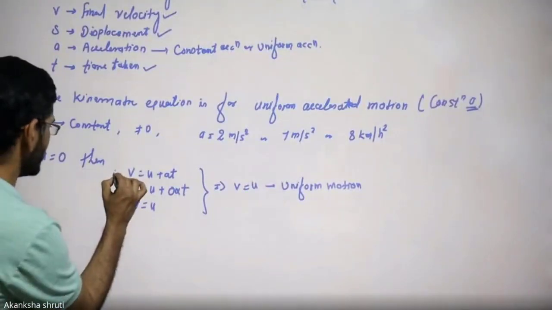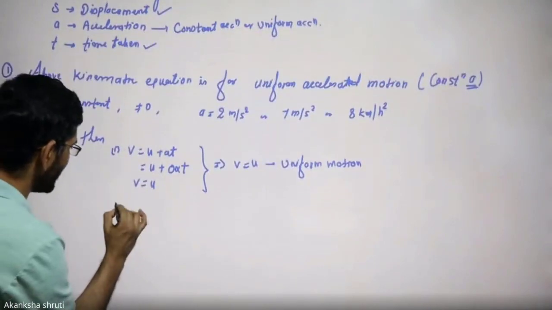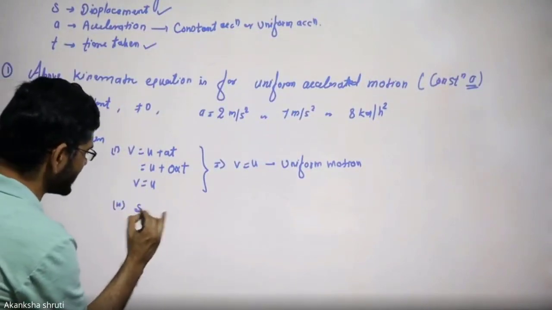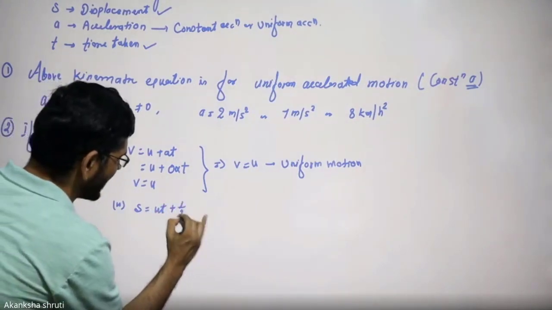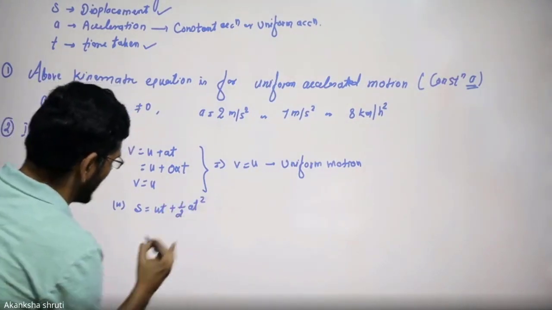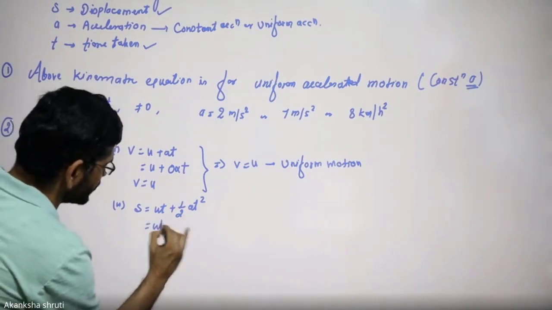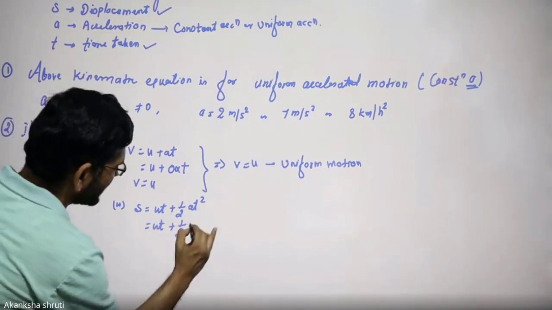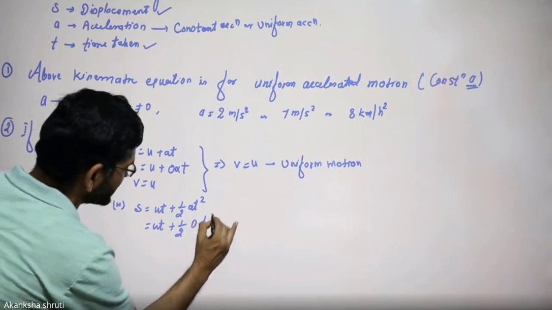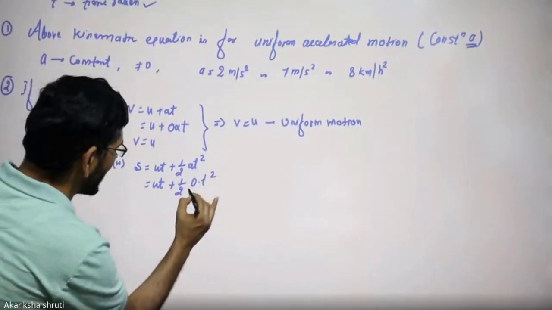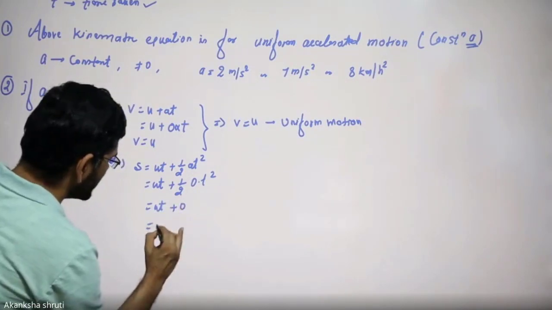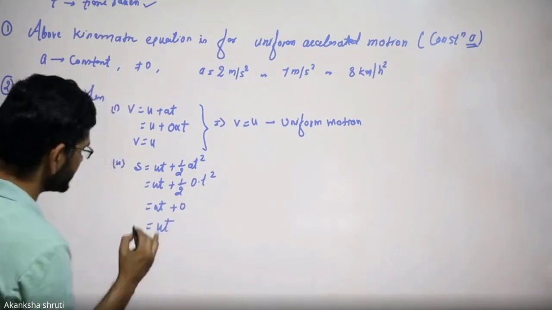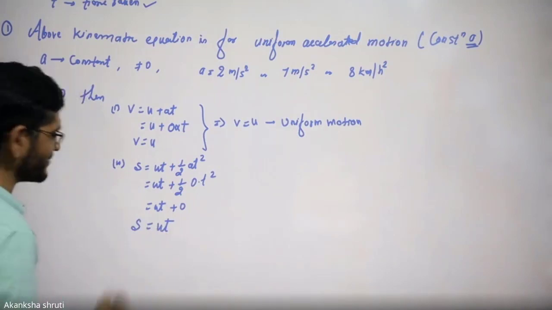In addition, if we apply our second kinematic equation, how much will be the displacement? ut plus half at square means ut plus half into 0 into t square. Anything multiplied by 0 becomes 0, so it is ut plus 0, which is simply ut. Students, what is this formula?